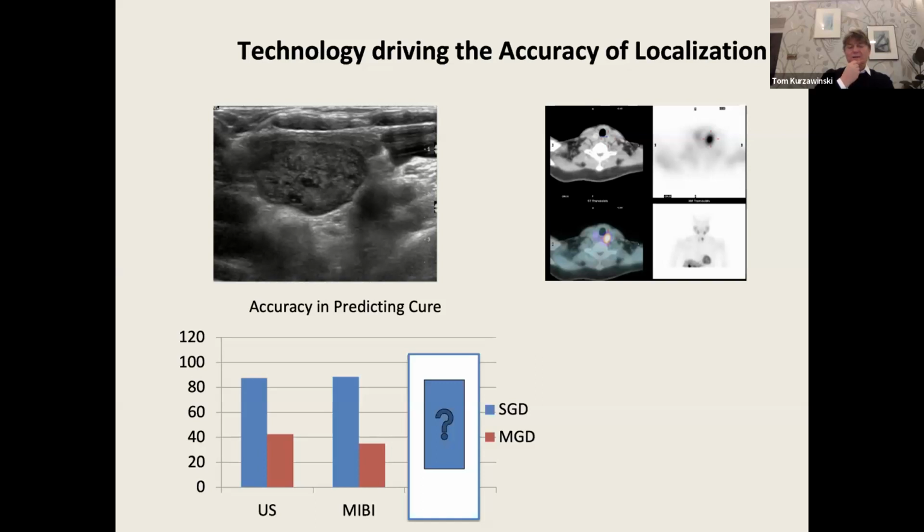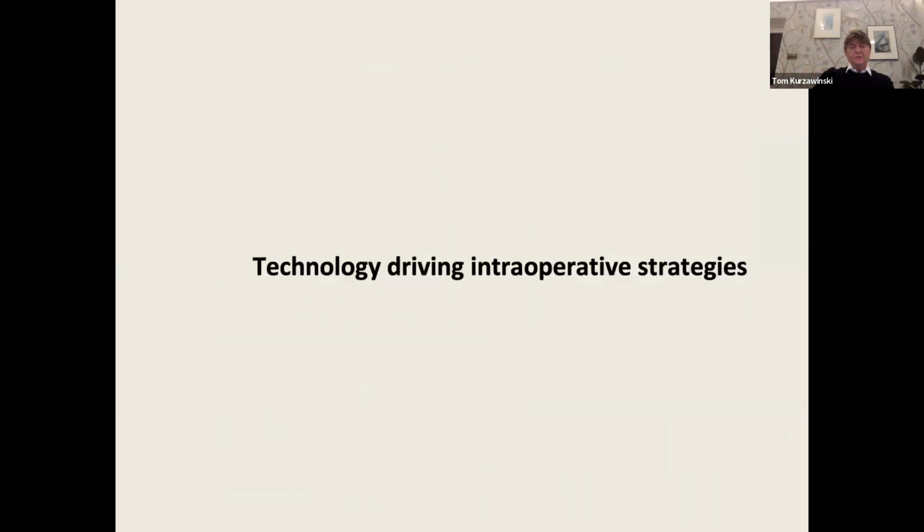The problem is that neither of them is very good at localizing multiple gland disease. And here, what Omar mentioned, comes the concept of concordant imaging. We're trying to increase the chances of positive localization. The problem with that approach is that it results in a lot of scans, and sometimes unnecessary scans.